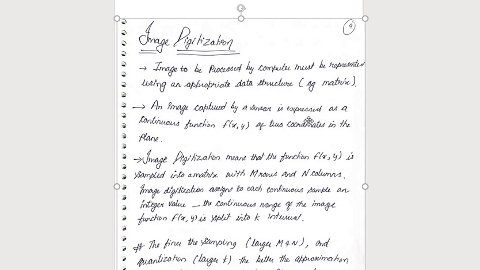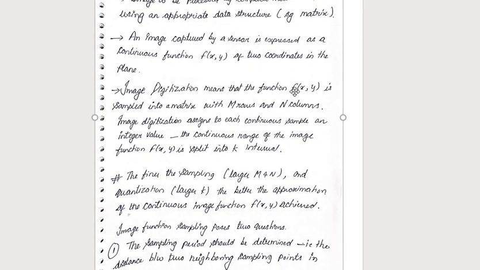An image captured by a sensor is expressed as a continuous function f of x, y of 2 coordinates in the plane. Image digitization means that the function f of x, y is sampled into a matrix with m rows and n columns. Image digitization assigns to each continuous sample an integer value.